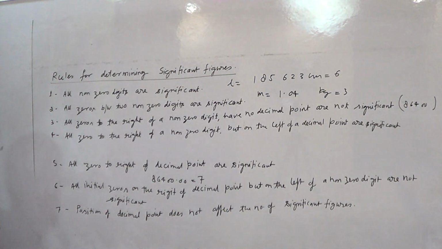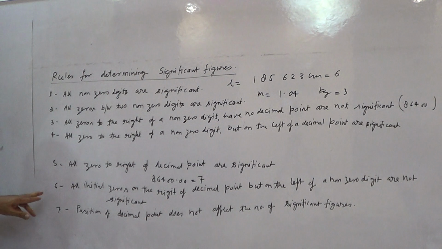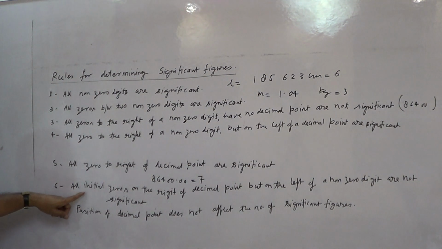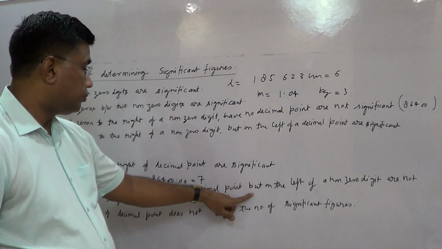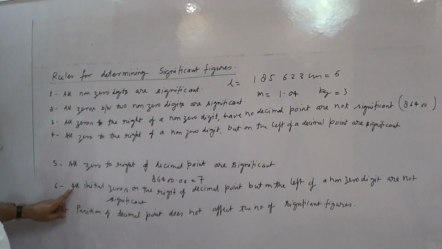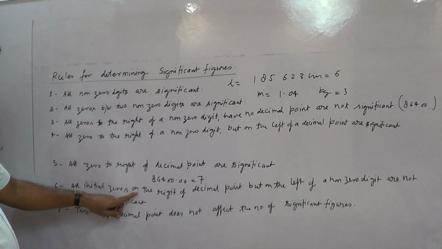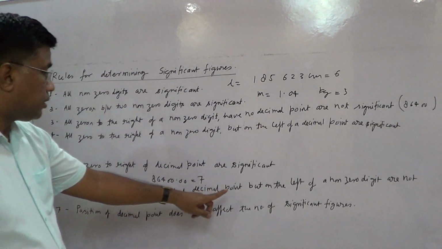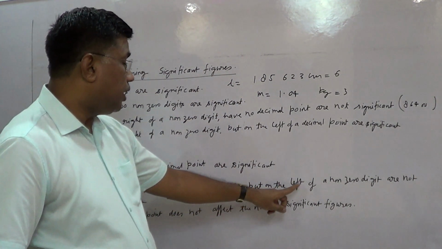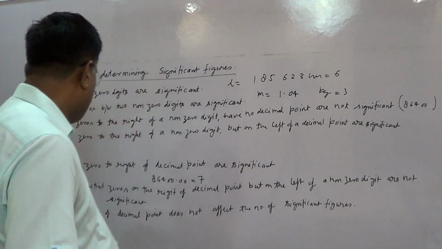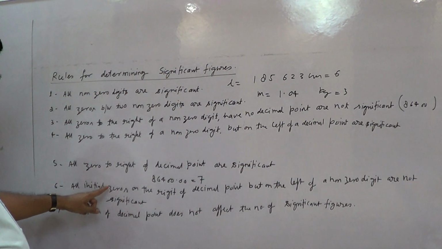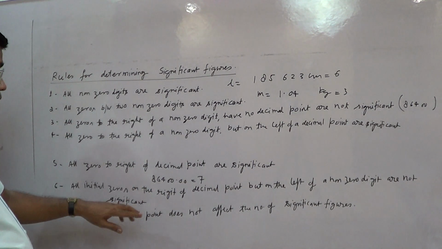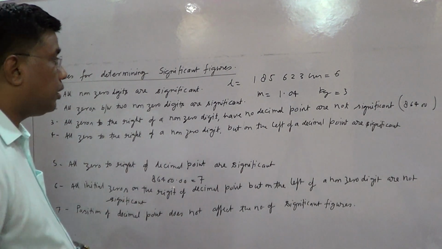Now students, 2 points left. All initial zeros to the right of the decimal point, but to the left of a non-zero digit, are non-significant. Listen once more: all initial zeros to the right of a decimal point, but to the left of a non-zero number.